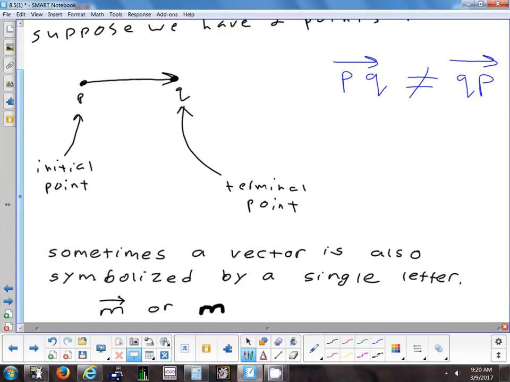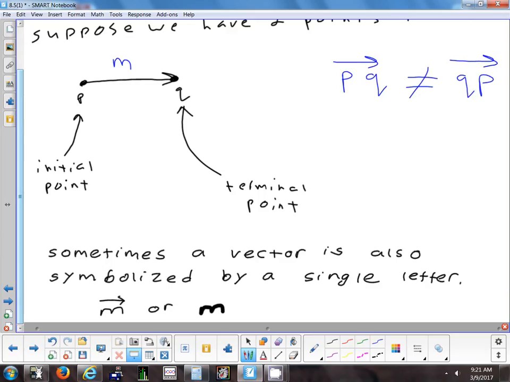A lot of times when we want to represent a vector, we use a single letter. So for example, I could call this vector M, or X, or Q, or whatever letter I want. And there are two ways I can describe it if I want to write it as a letter. If I write it just like that letter, I have M in blue up above, to me that just looks like a variable.